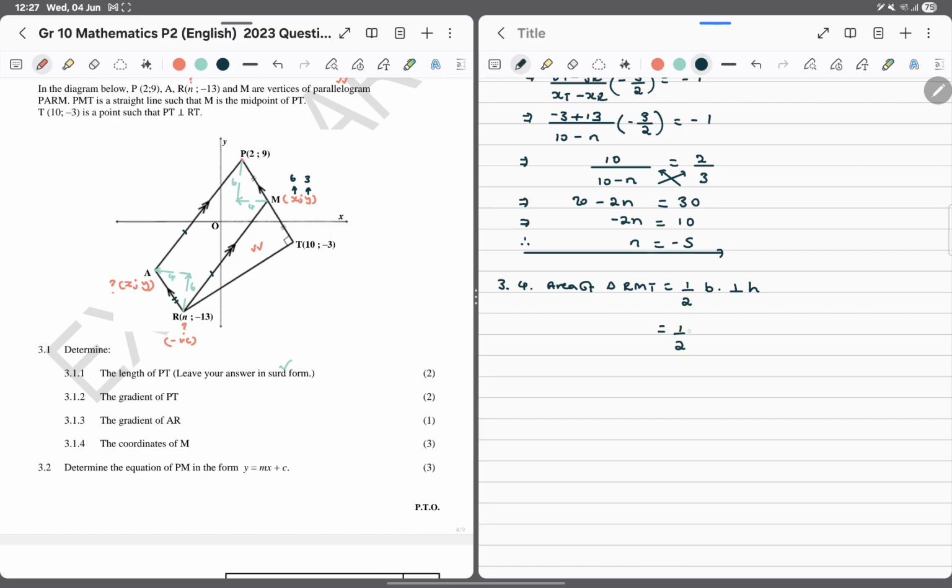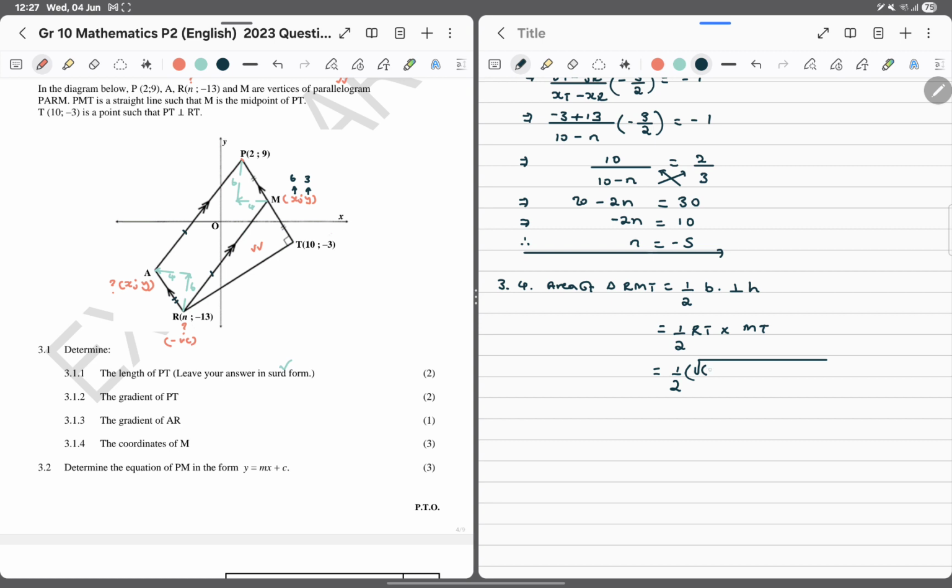The base is RT multiplied by MT. Now we know that here we need the distance formula, so we can do this calculation separately, of course, but we can do it here as well.